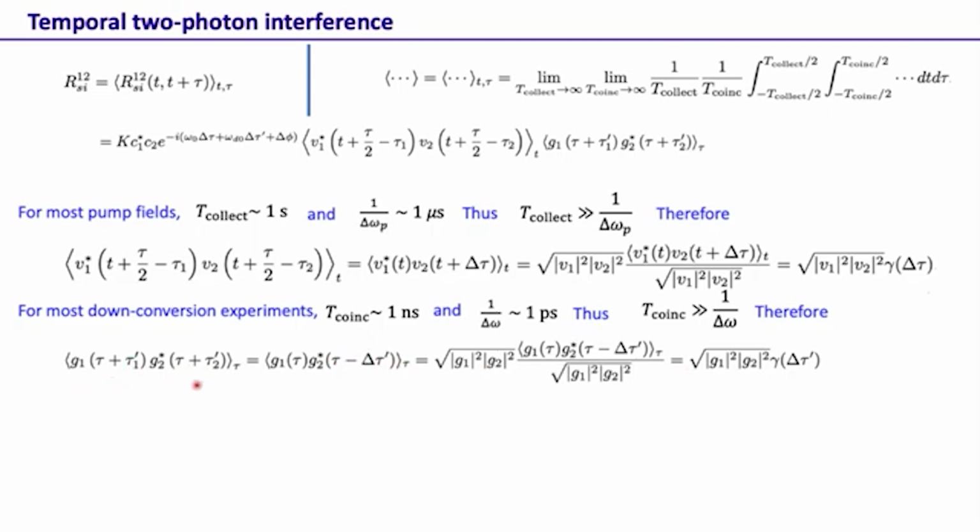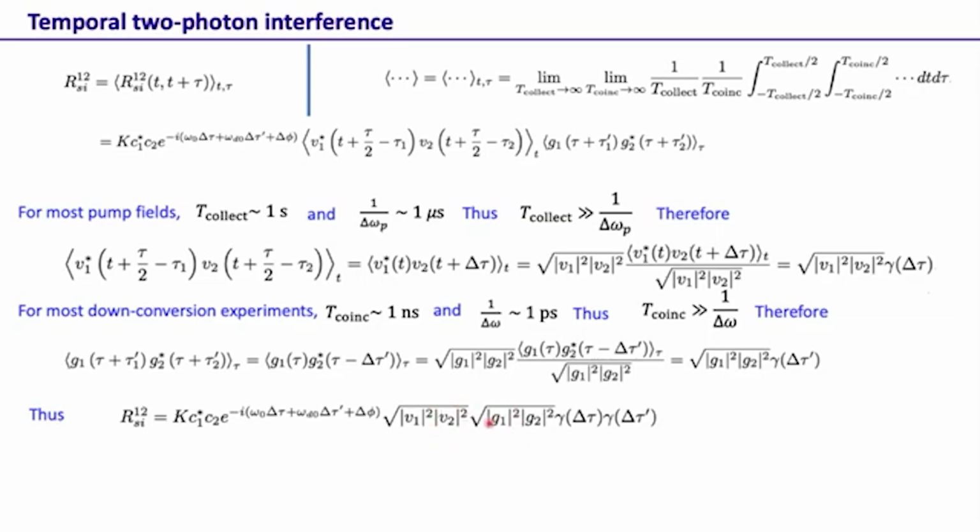And similarly we can write this quantity in this manner, where gamma delta tau prime, that's the time averaged degree of coherence. So with these two we can now write this time averaged quantity in this manner. This is much more simplified. This V1 square, this is the pump amplitude of the pump in alternative 1, amplitude of the pump in alternative 2.